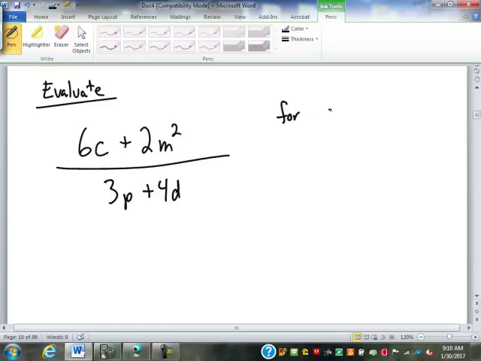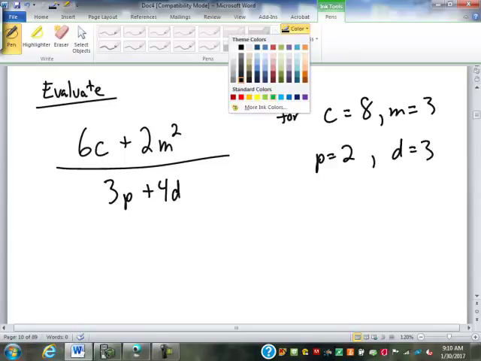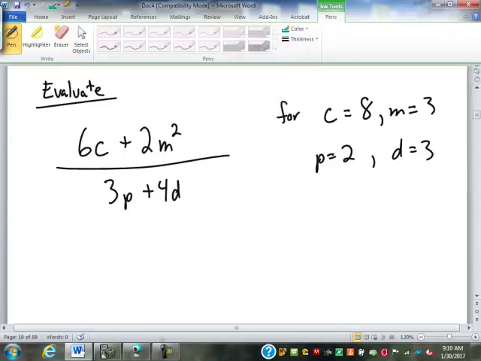Evaluate that for c equals 8, m equals 3, p equals 2, and d equals 3. So I'll give you a minute to do that in your notes.